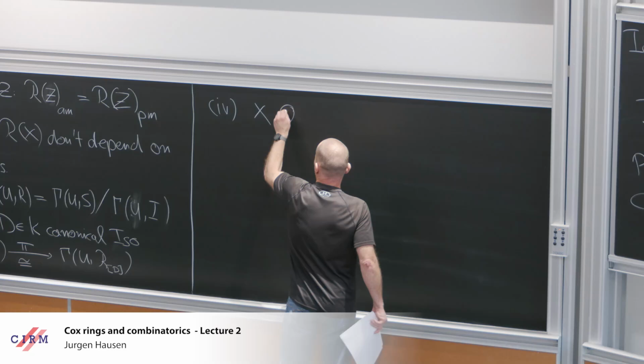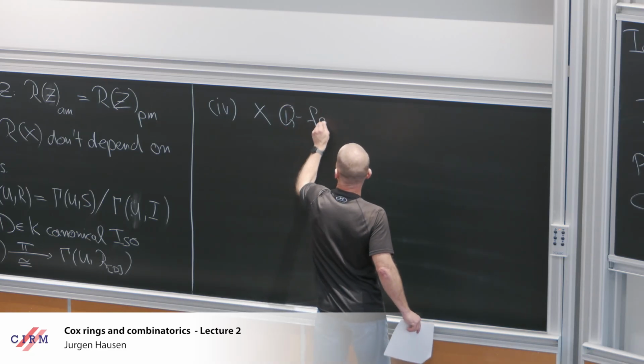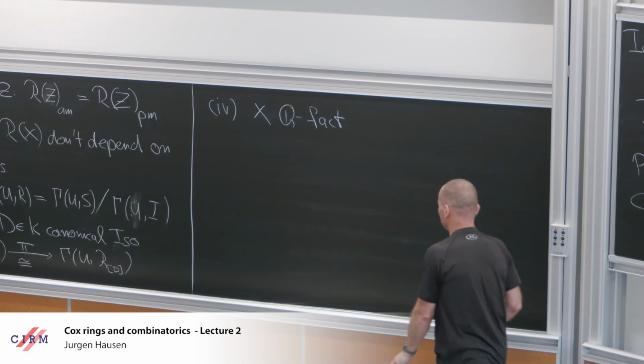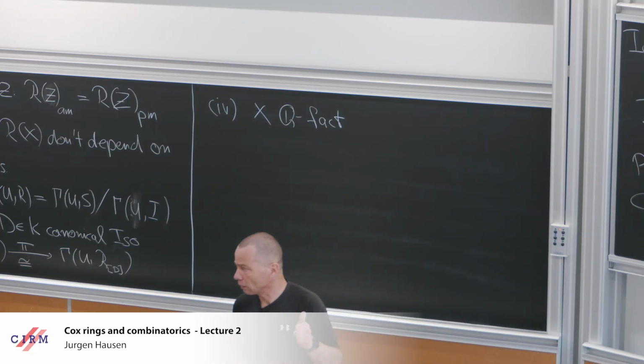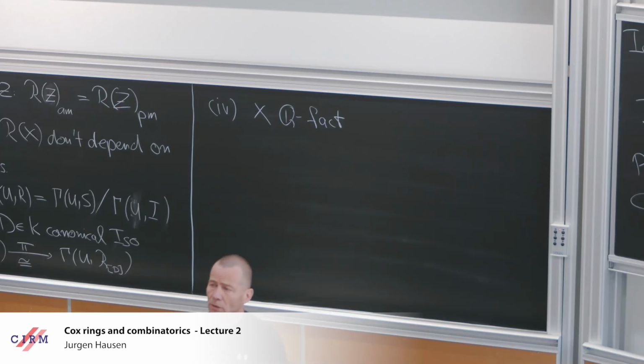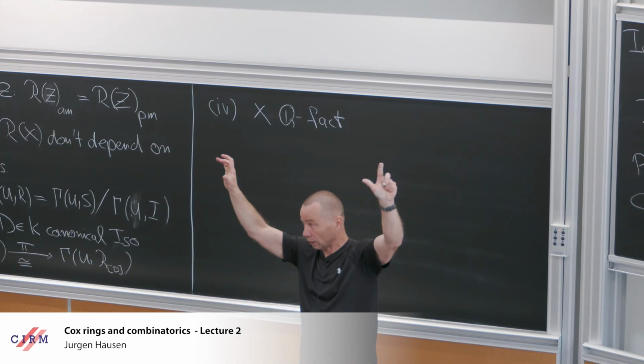What we can say, it's not a characterization, but it is at least a sufficient criterion, if our X is Q-factorial. What does Q-factorial mean? Q-factorial means that singularities are somehow mild in the sense that for any Weil divisor I find some multiple which is in fact a line bundle or Cartier divisor.